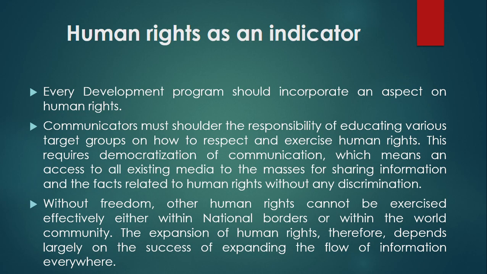You will clearly understand the difference between the scenario of a developed, underdeveloped and a developing country, and hence you will be clear about the concept of the indicators of development.